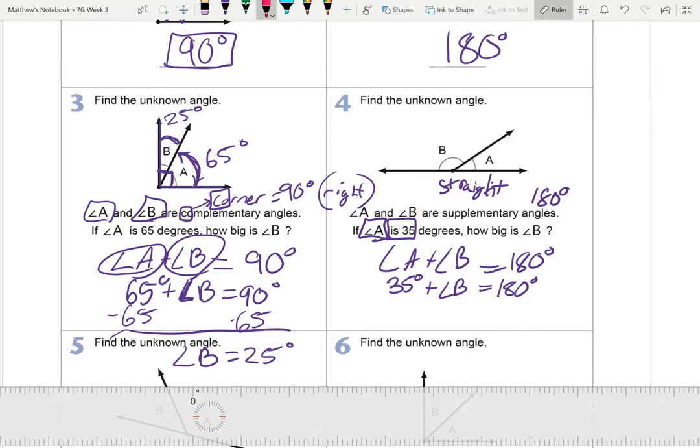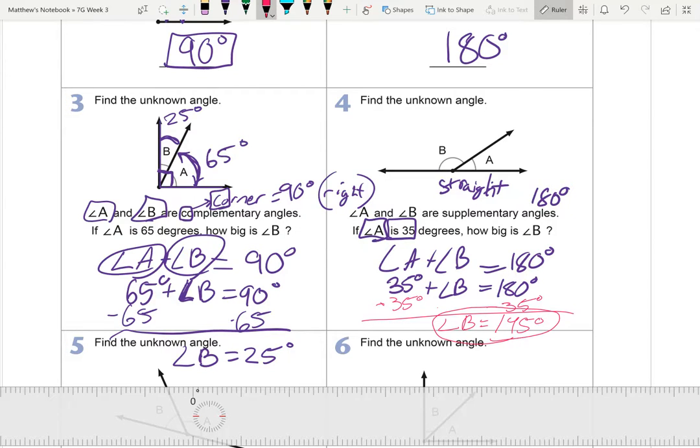And now we use a little bit of algebra, and I'll do that here in red. So I want to get B by itself here, so I'm going to subtract 35 from both sides, and that's going to give me angle B equals 145 degrees. All right?